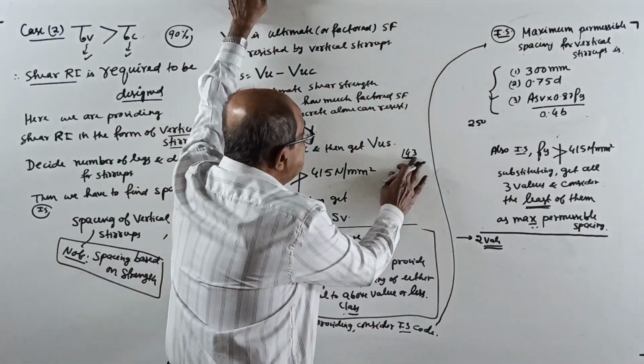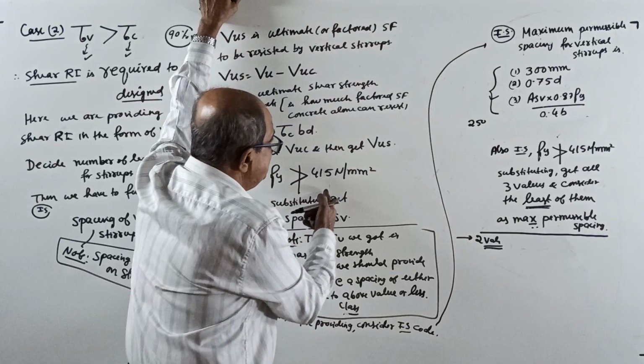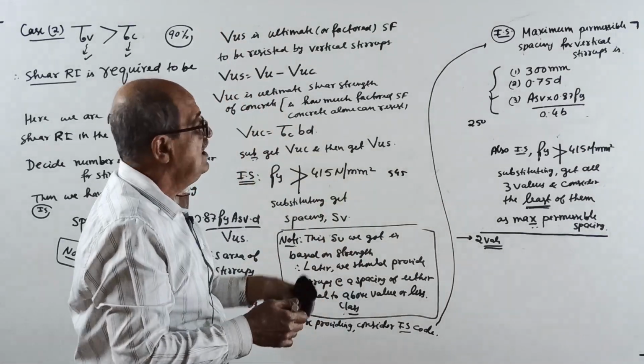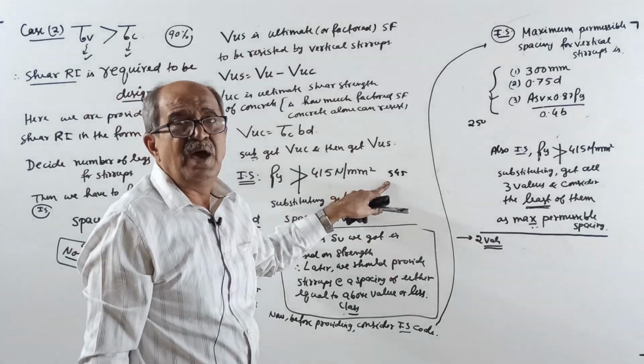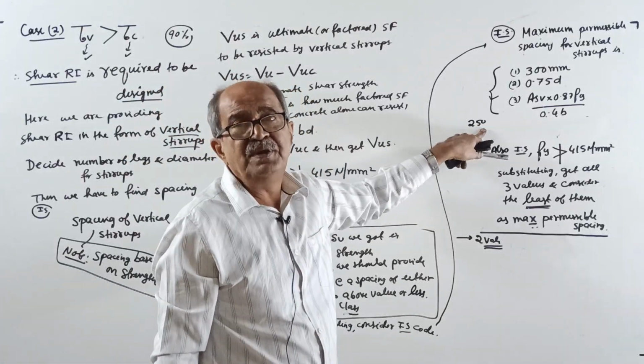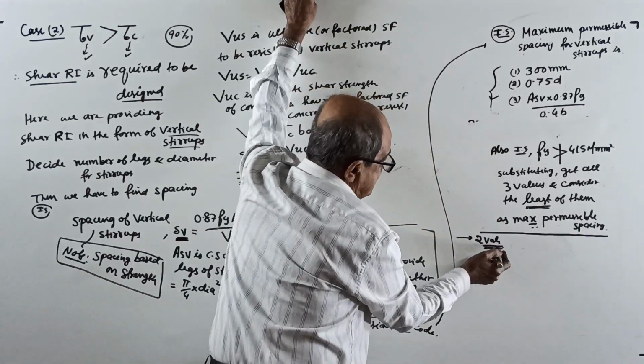But by chance, if the shear force is very less, this spacing can come 545. Then even the strength requirement is 545, but IS code told you cannot give more than 250, so provide 250. Remember, two values are there.